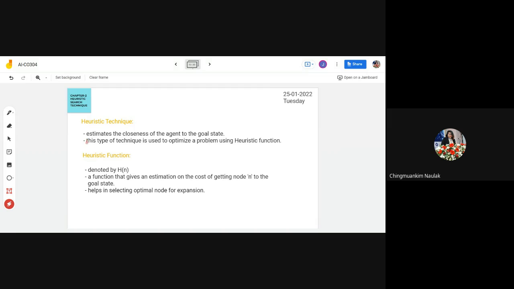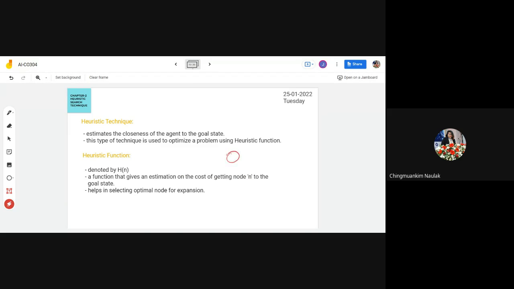And this type of technique, heuristic techniques, are used for optimizing a problem using a heuristic function. Now let us see what this heuristic function is. A heuristic function is denoted by h of n, and it gives an estimation of the cost of getting from node n to the goal state.